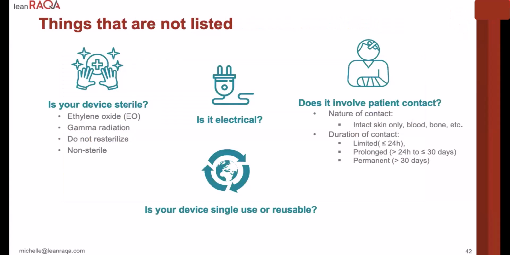Things that are not going to be found in that list of recognized consensus standards are anything that applies generally to your device features. Say if you're sterilizing this mask, you're going to have to consider which of the sterilization standards, and it's going to depend on the type of sterilization.